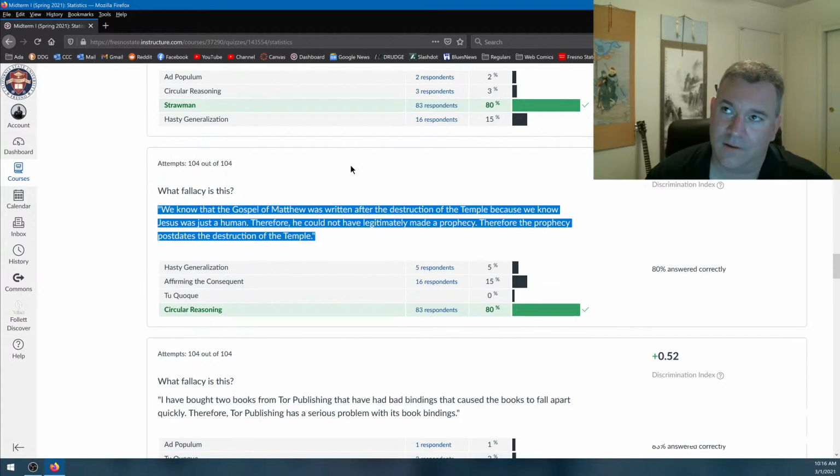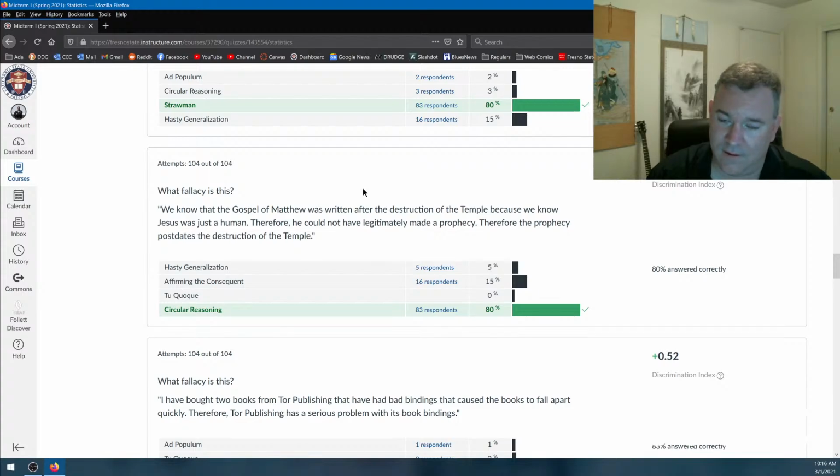Since people think that Matthew and Luke come after Mark, one of the things they look at is the destruction of the temple. Jesus in the Gospels looks at the temple and says that not one stone will still be standing in a few years.